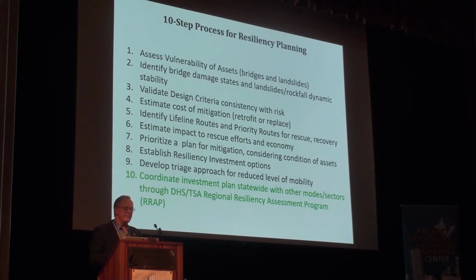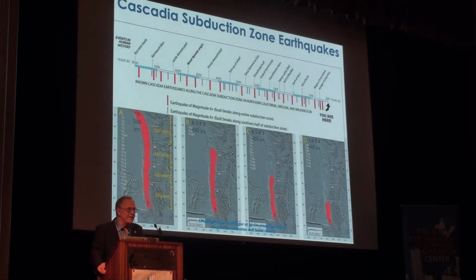Talk a little bit about the impact on rescue efforts and our statewide economy if we had a big event in Oregon. And kind of a new concept that we got ourselves into in Oregon, where we talked about a triage approach. And then the green step 10 is one that we're still dealing with and haven't really settled yet.